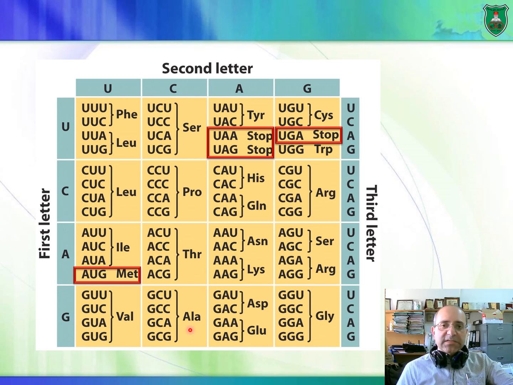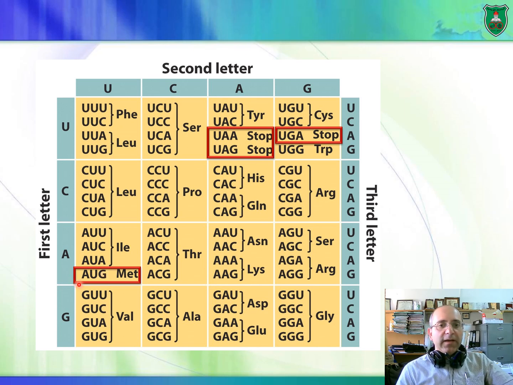Okay, so this is how you know what each codon is translated into. Now, there are four codons that I encircled, sort of like inboxed.